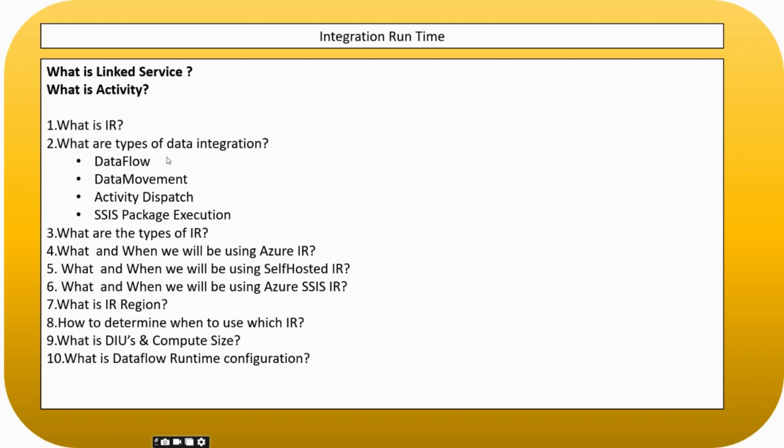If it is a data flow, as I said, you need one extra layer of configuration called the data flow runtime. You need to pick a compute size. Basically, data flow runs behind the scenes on an Apache Spark cluster, so it's a kind of worker and driver node.